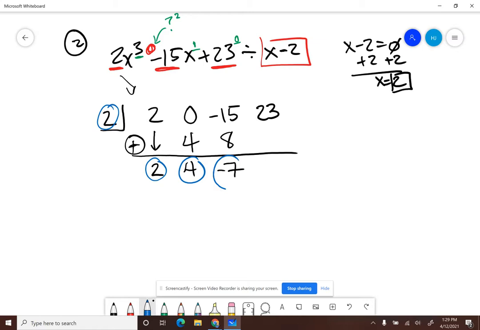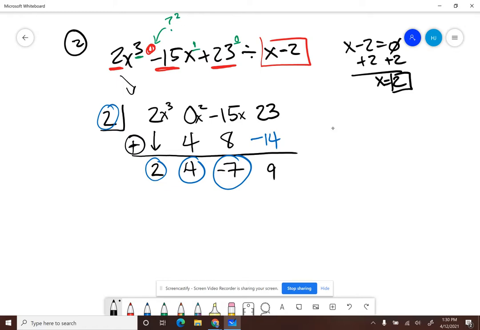So now I'm going to take the negative 7 times the 2, which makes negative 14. And again, I'm adding. So 23 minus 14 gives me 9. When I rewrite my problem, remember this was x to the third, this was x squared, this was x, and this didn't have an x at all.